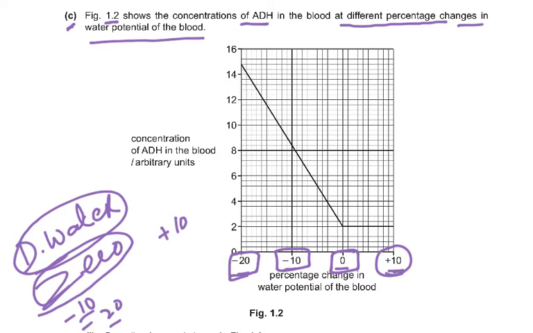And +10 would, of course, be increasing by pressure. By exerting some sort of pressure, the water molecules will be forced to move in the direction of the pressure which is being applied. So they've given you this. Please understand the graph. And what you have on this side is the concentration of ADH in arbitrary units. So you had 0 here. I'm just going to clear the page.